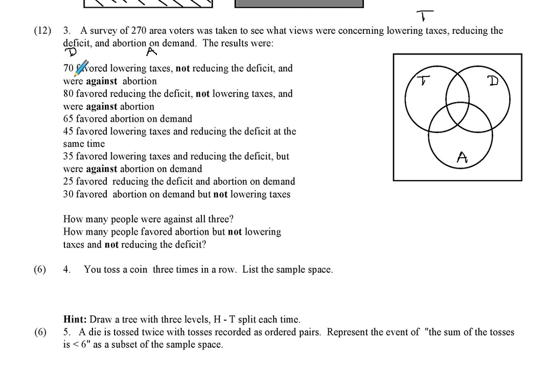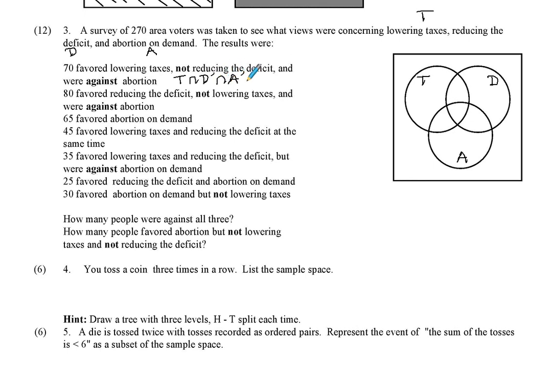So 70 favored lowering taxes, not reducing the deficit, and we're against abortion. Okay, so this is favored lowering taxes, so that's T, not the deficit, so and not D, so D prime, and against abortion, so and A prime.